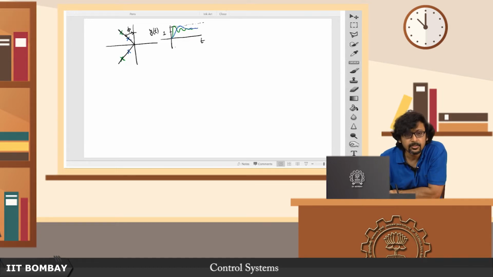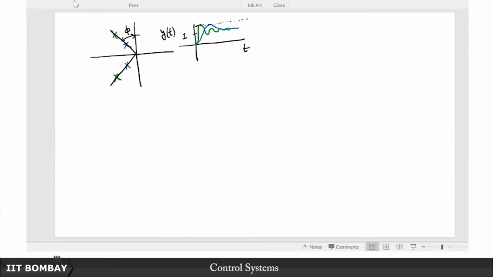What else can I say from this? Of course, you can talk about the envelopes of these two systems. What is the envelope dependent on? The envelope governs the settling time, and we've already discussed that the settling time of the green system must be lesser than the settling time of the blue system. In other words, the blue system is more sluggish. So the green system's envelope must decay sooner.